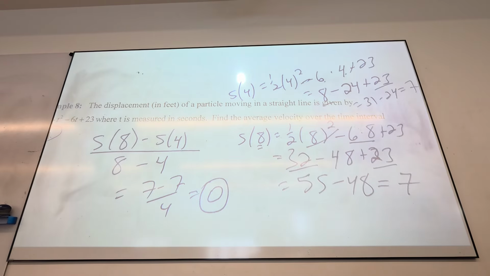Velocity cares if you come back to where you started. If you go back on yourself, velocity will be less. Speed is different. Speed doesn't care where you end up. All it cares about is how fast you were going as you walked around.